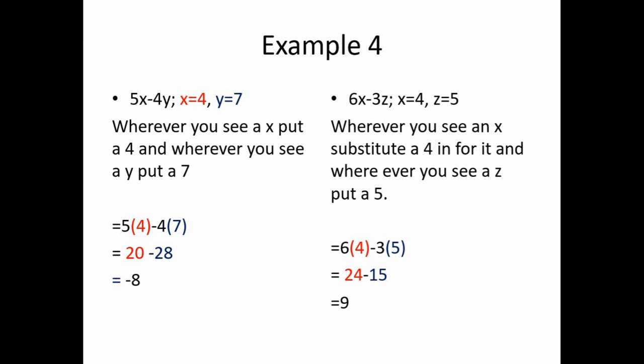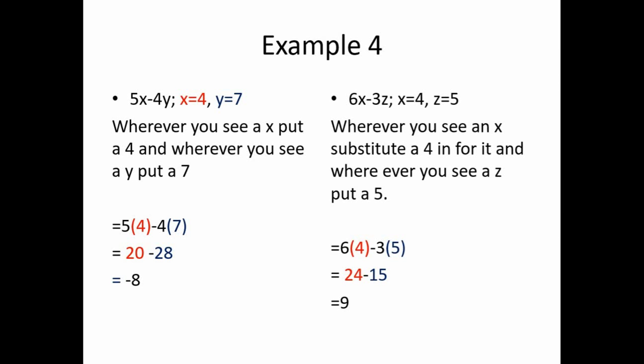For our second example, we have 6x minus 3z, where x equals 4 and z equals 5. Once again, wherever you see an x, we're substituting a 4 in for it, and wherever you see a z, we're putting a 5 in for that.